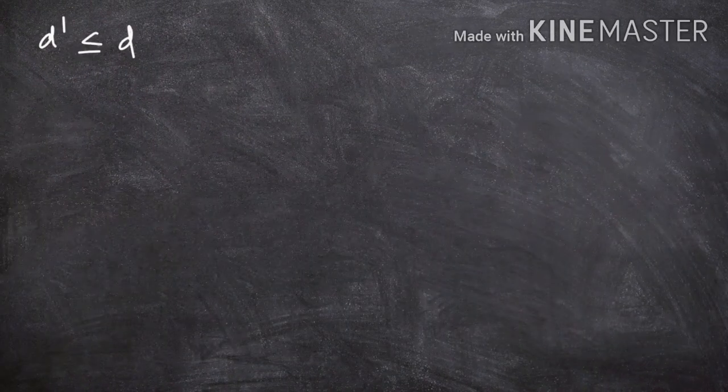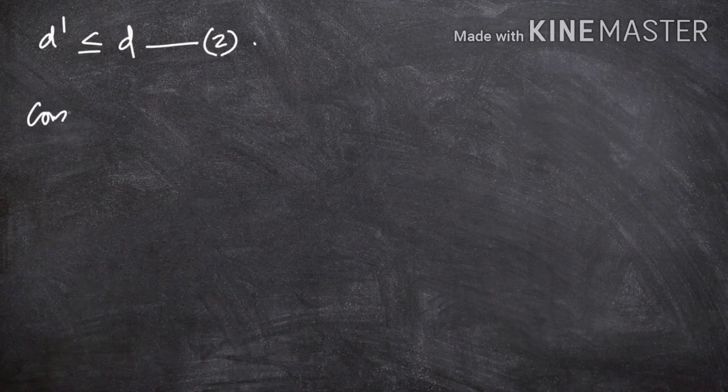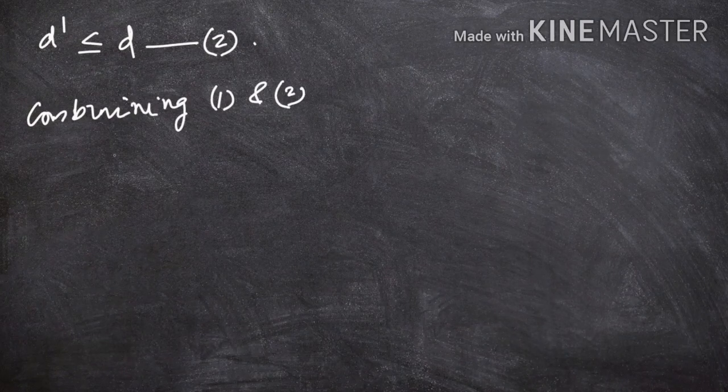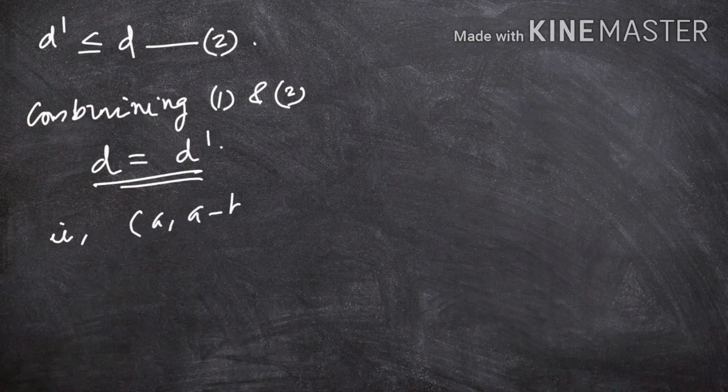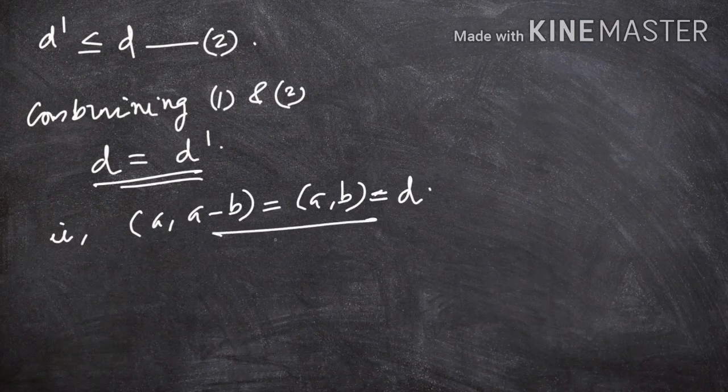One is D less than or equal to D dash, and the second is D dash less than or equal to D. So combining 1 and 2, we have D is equal to D dash. That is, GCD of A comma A minus B is equal to GCD of A comma B is equal to D.